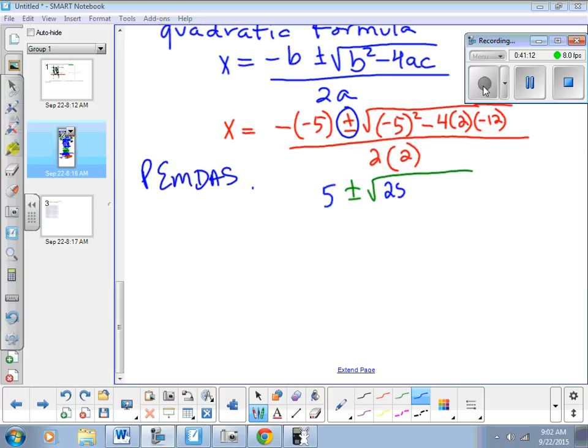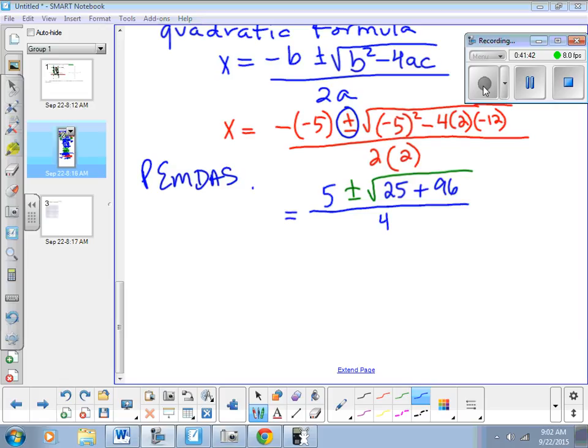That's a 25, right? Help me out here. Negative times a positive times a negative is a positive, isn't it? Yeah. 4 times 2 is 8. 8 times 12, help me out. What is it? 96. Does everybody agree? 96? Yeah. All right. In there, on the bottom, 2 times 2 is 4. Everybody okay right there?